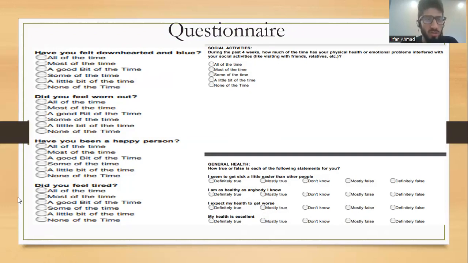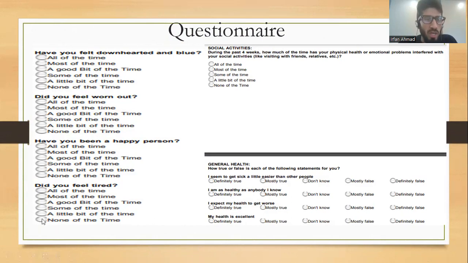So when you think about these options, which option represents better quality of life? Did you feel tired? If the patient says all of the time I feel tired, it means the patient has poor quality of life. And none of the time I feel tired means he is energetic and has good quality of life.